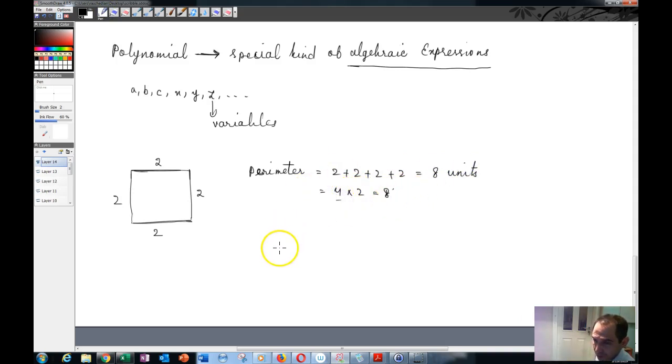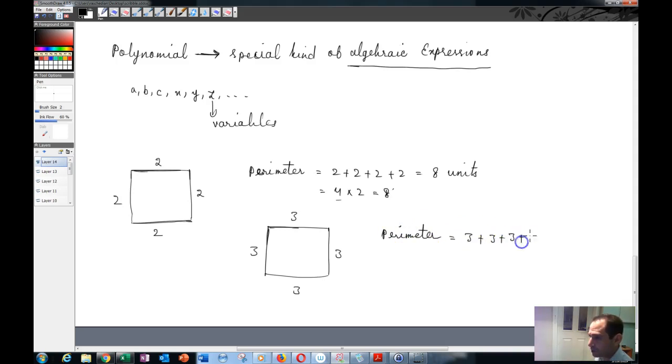So let's say that you have another square, and the side length of that square is 3 units. Then again, the perimeter of this square is going to be 3 plus 3 plus 3 plus 3, which is equal to 12 units, which is again the same thing as 4 times 3, which is equal to 12.